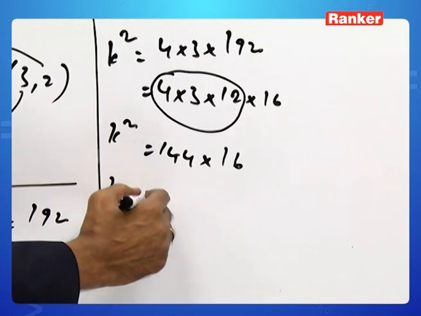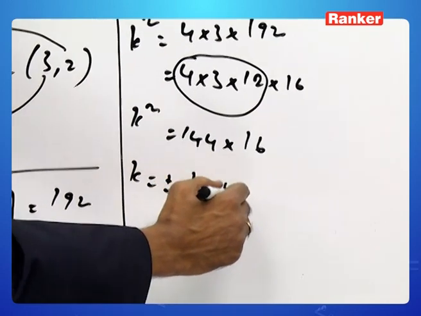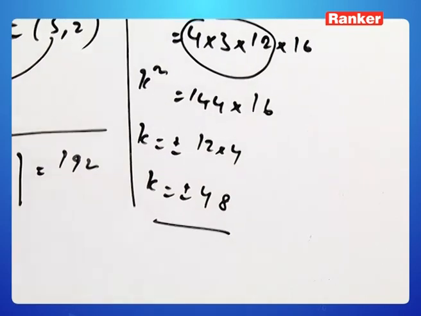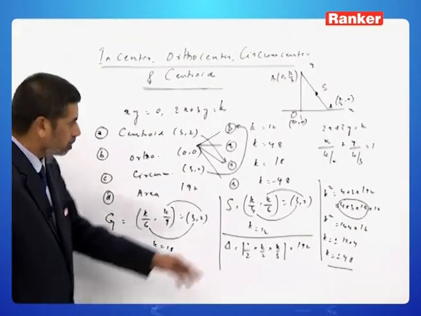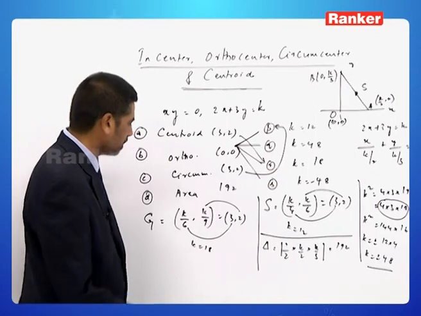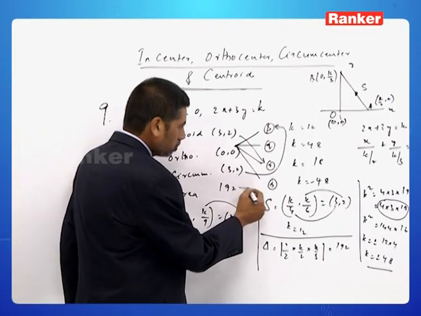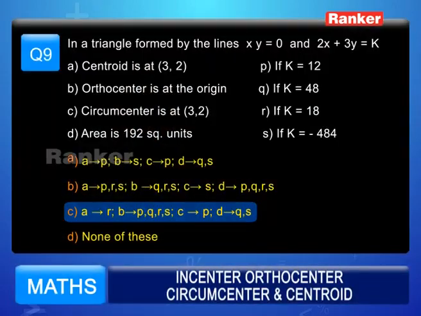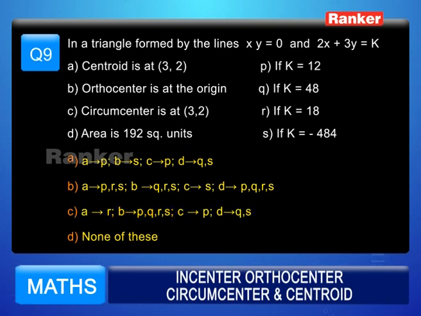So k is equal to plus or minus 12 into 4. So k is equal to plus or minus 48. So you can see both the options are available on the right hand side. Therefore D maps onto Q as well as S. So this can be again a very fundamental question, but questions like this can give you a lot of confidence in working out higher problems.